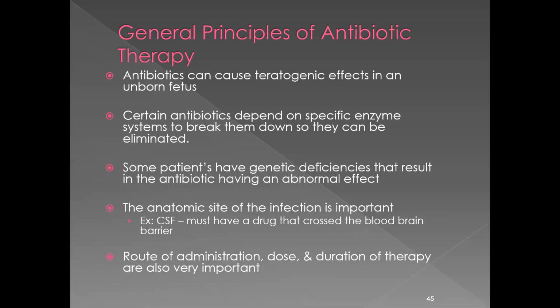The anatomic site of an infection is important. A good example would be the cerebrospinal fluid, or CSF. They must have a drug that crosses the blood-brain barrier to actually work, so you can't just give them whatever you want. The route of administration, dose, and duration of therapy are also very important to take into consideration.